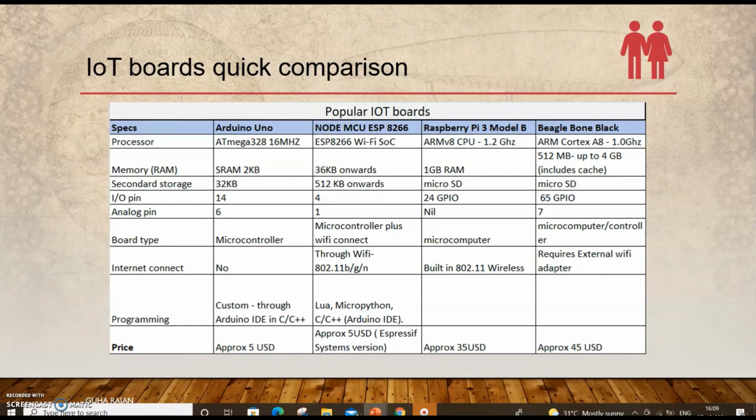If you look at Windows, in fact Microsoft has its own version of the operating system specifically for IoT boards, but it has not gained that much traction when compared to the Linux system.